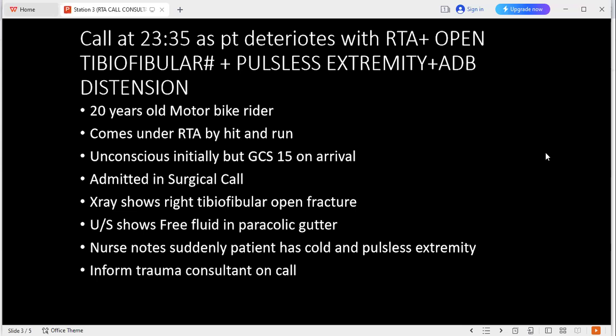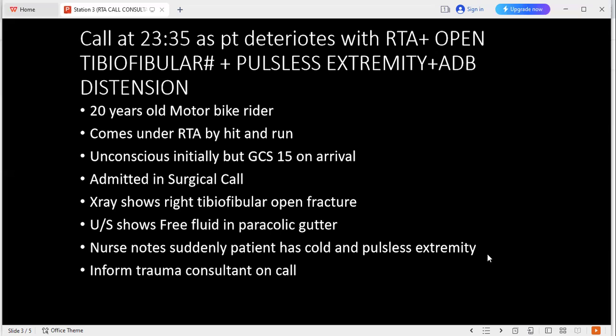And the patient is presented within 6 hours. So we need to restore the continuity of the blood supply to save the patient's limb. Okay, and what could be the possible cause of this pulseless foot?